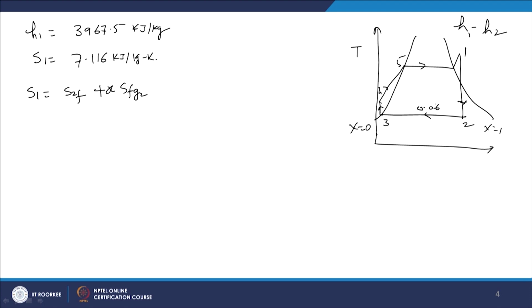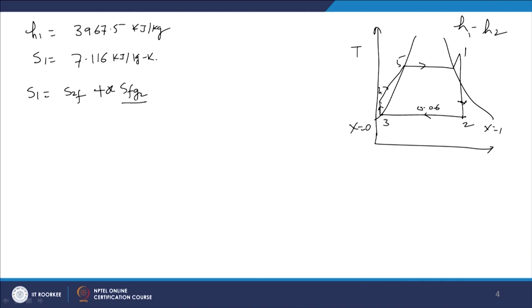So for 0.06 bar, at saturated properties, we look for the entropy of the liquid and the change in entropy from liquid to saturated vapor. These values we have taken from the steam table, and they are 0.5209 kilojoules per kg Kelvin plus x times 7.8103 kilojoules per kg Kelvin.